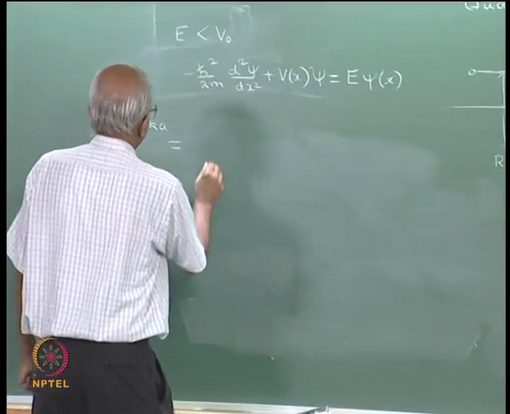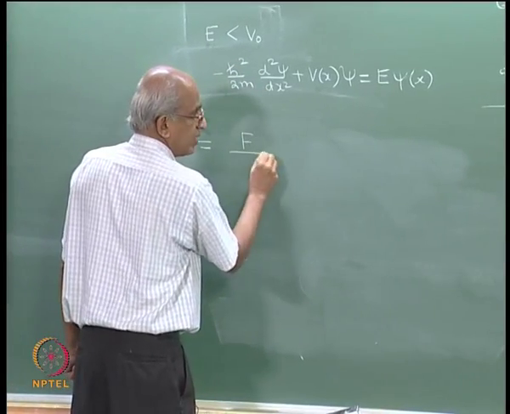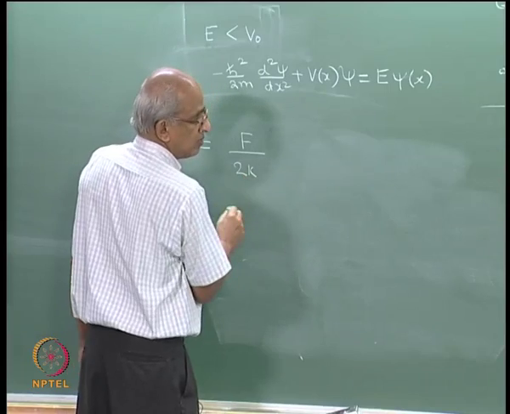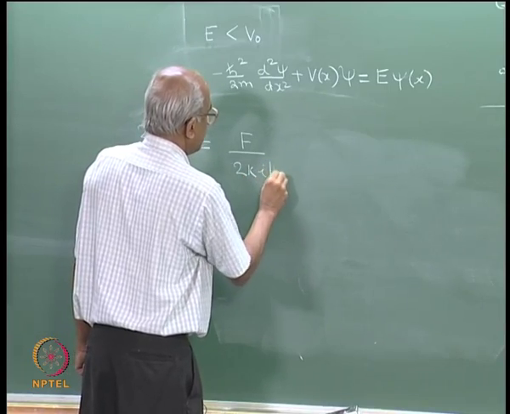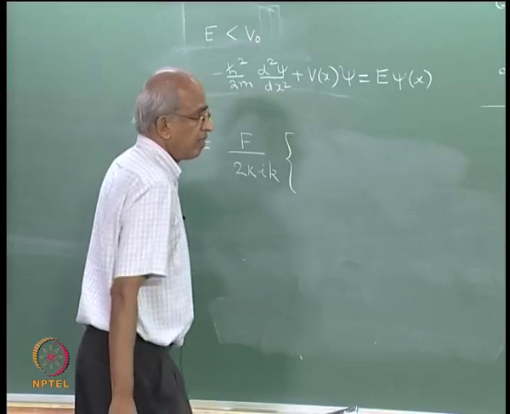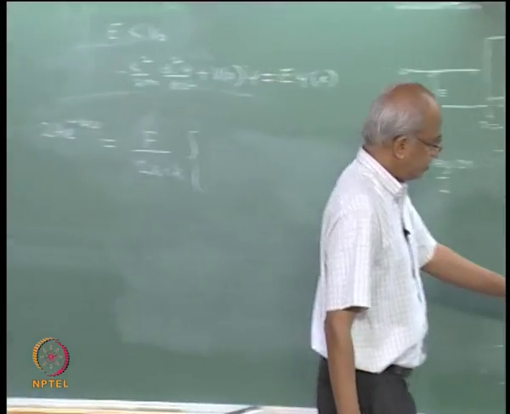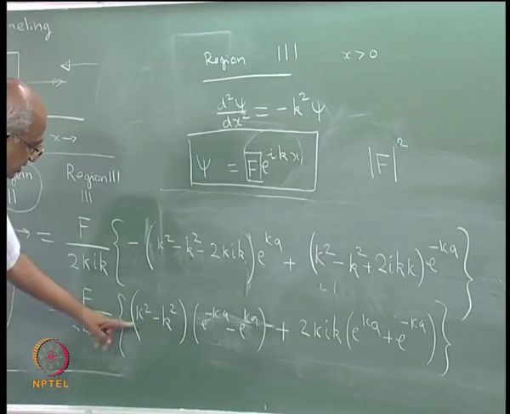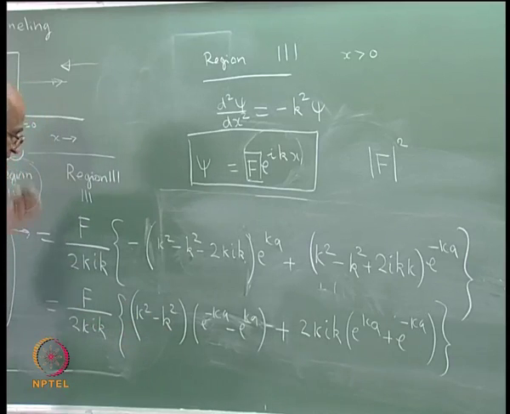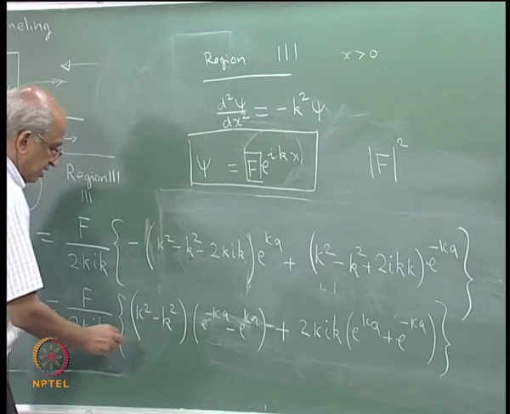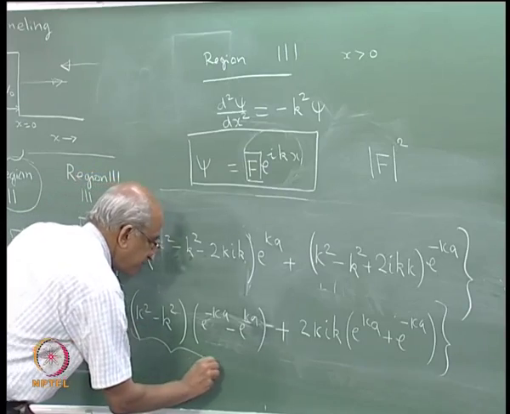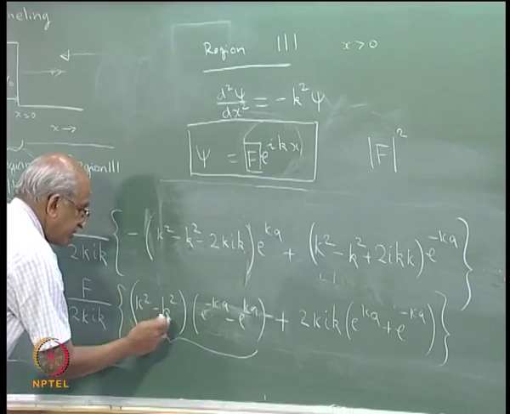So, this I am going to write as f divided by 2 kappa ik into, well, I will do a minor modification here. The minor modification is, you see, I will write this term. So, I shall interchange these two terms.